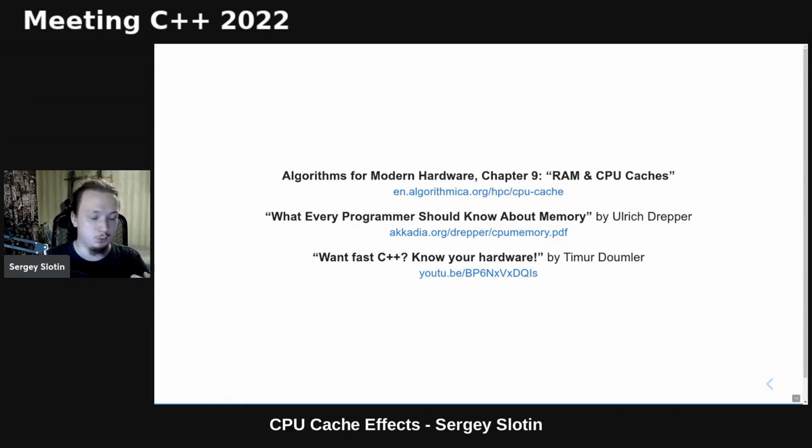It was written back in 2007, but it is still very relevant, still great, and highly recommended. And there is also Timur Dumler, who is also a speaker at this conference, by the way, who did a talk titled One Fast C++, Know Your Hardware. That is very similar in style to this one, but covers other things too.